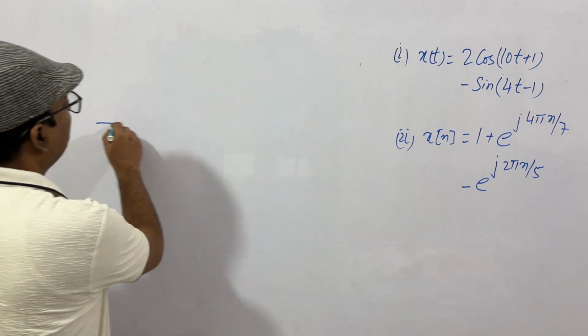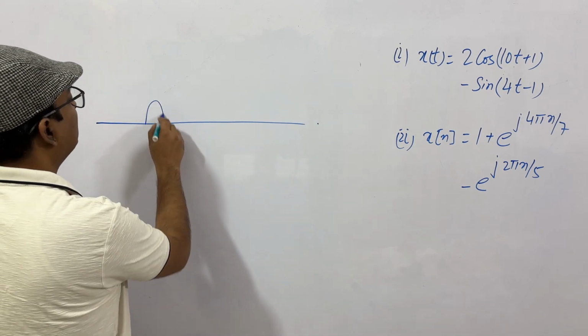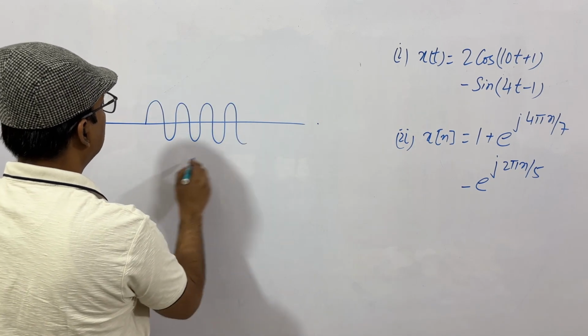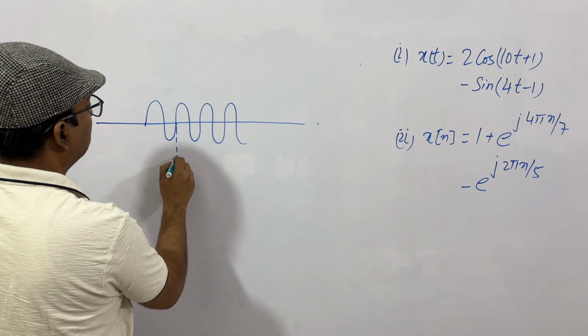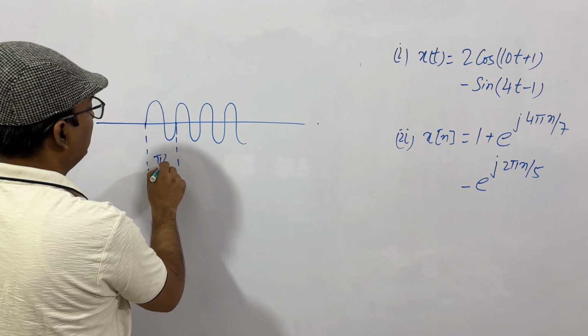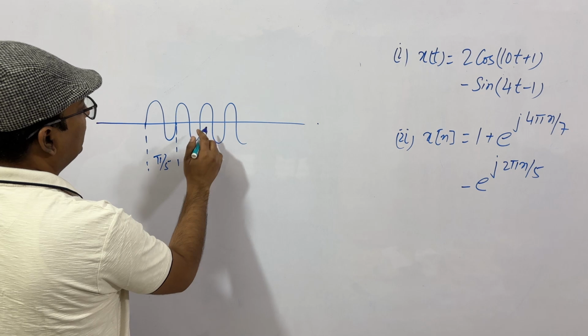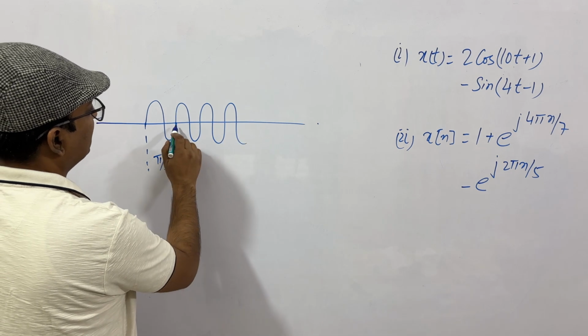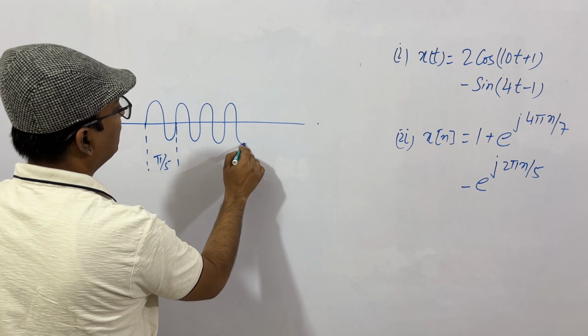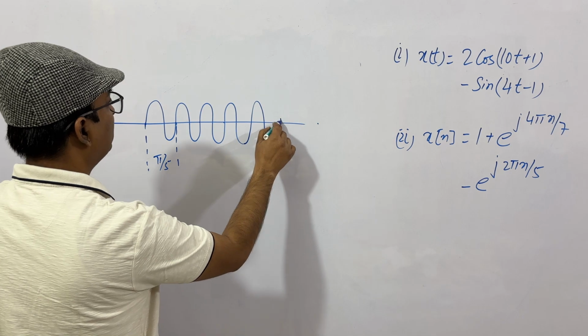What is the meaning of this? The meaning is, the first signal, let's say, is this, and its time period is pi by 5. Let's say pi by 5, pi by 5. So we'll have 5 such cycles: 1, 2, 3, 4 and 5. This will be pi.